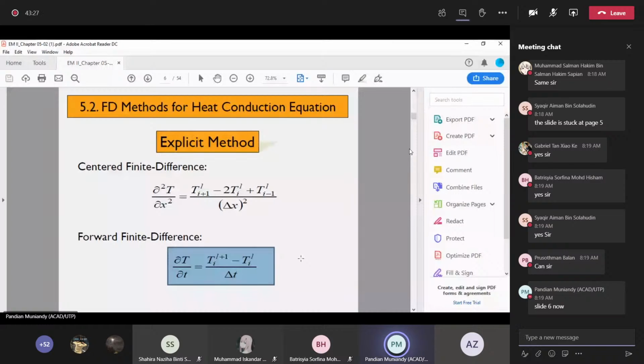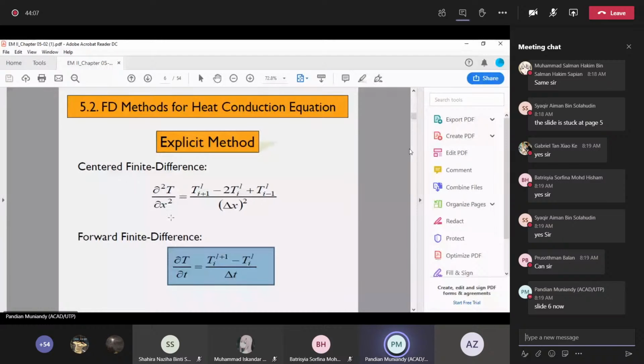So del T over del t equals T superscript L plus 1 subscript I minus T superscript L subscript I, divided by del t. This is the forward finite difference. So we use these two equations to solve the heat conduction equation.